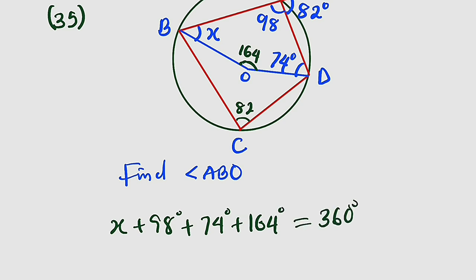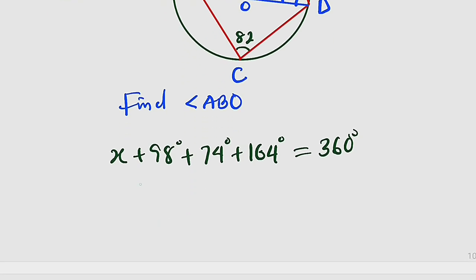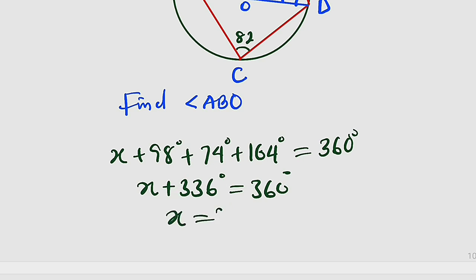If you add all of these three angles together, you get 336. So this is x plus 336 degrees equals 360 degrees. To find the value of x, we take this one to the other side. We have x equals 360 degrees minus 336 degrees.